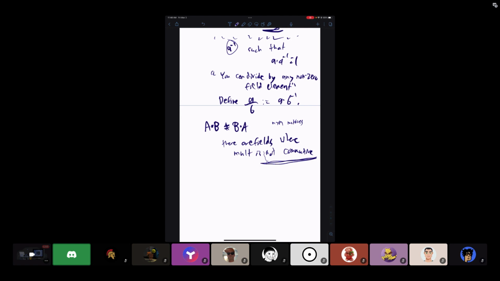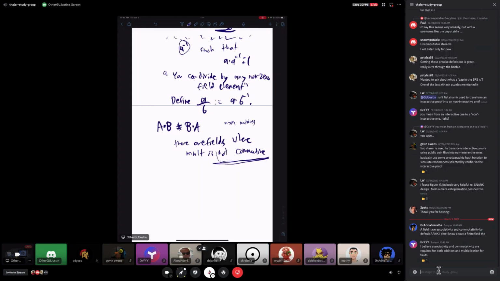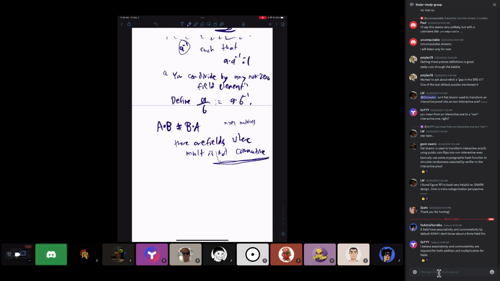Okay, well maybe I'll suggest that I write something in the chat afterwards. Take out my abstract algebra book and look at the definition of a field, and see if it requires anything about associativity or commutativity. Fortunately for SNARKs, invertible matrices are not going to come up, and we just exclusively work over finite fields.